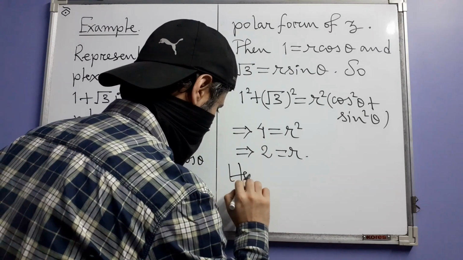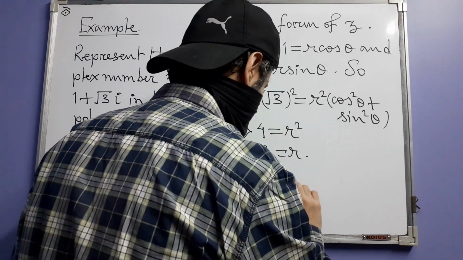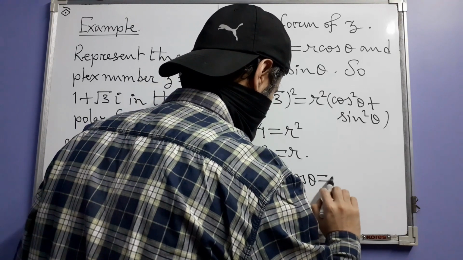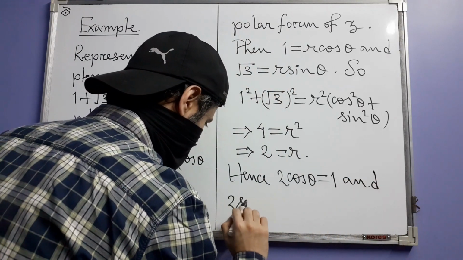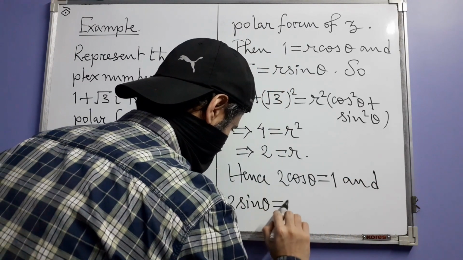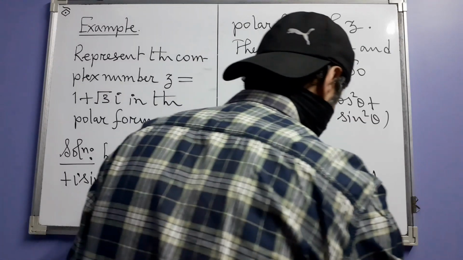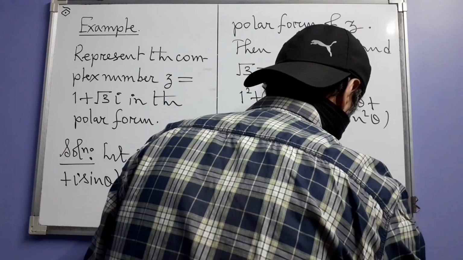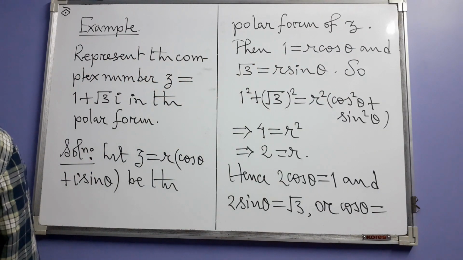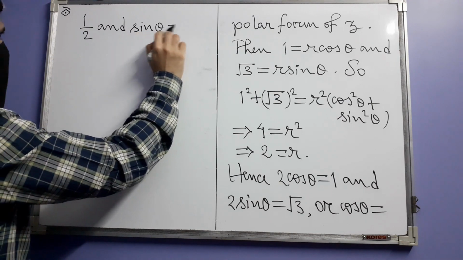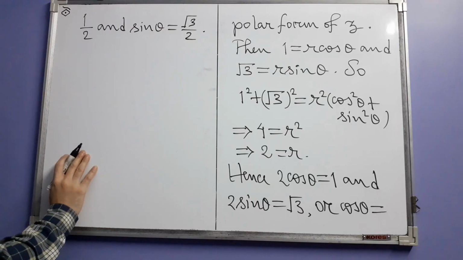Hence, 2 cos theta equals 1 and 2 sin theta equals root 3, or cos theta equals 1 over 2, sin theta equals square root of 3 over 2.